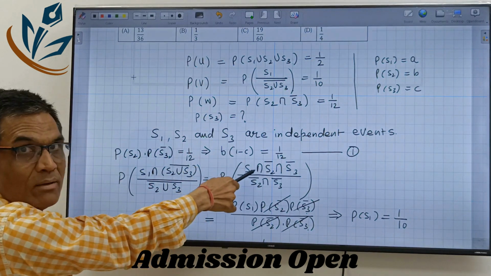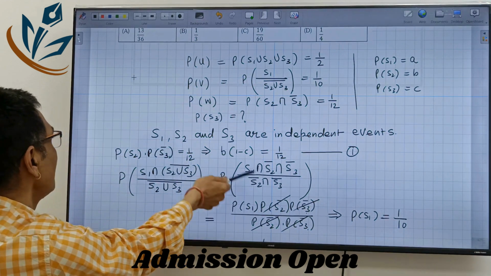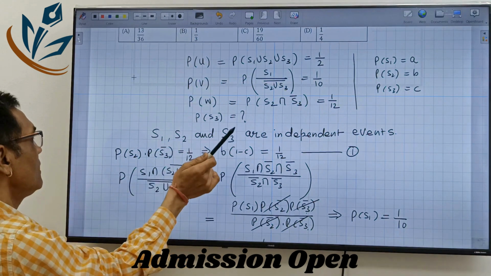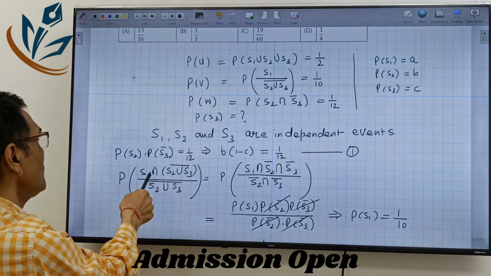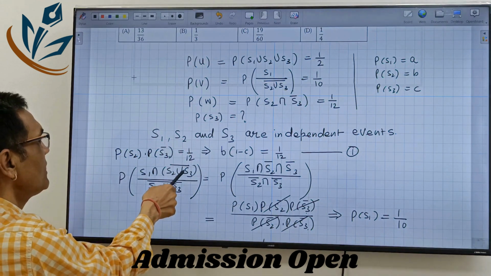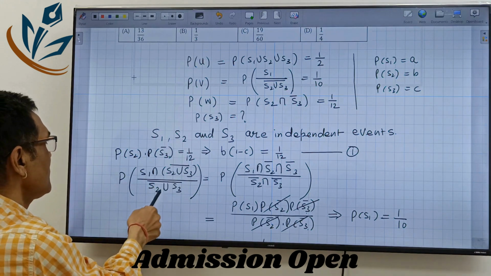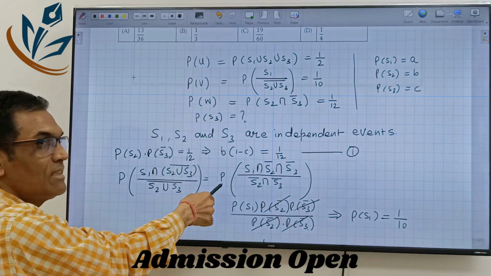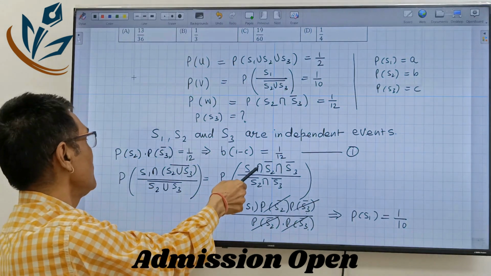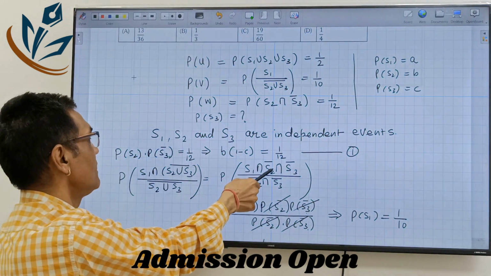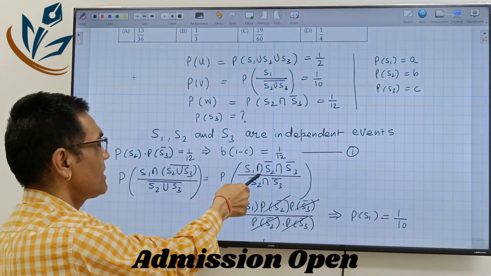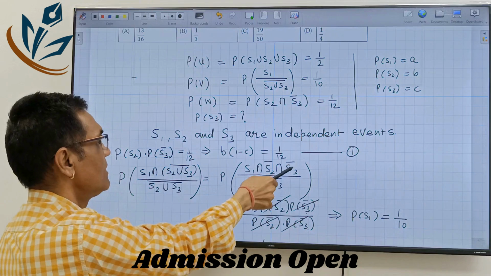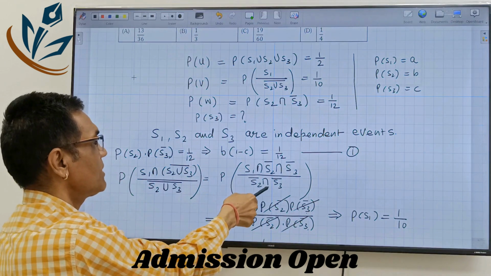which means B into 1 minus C is 1/12. Next, the conditional event P of S1 given S2 union S3 bar can be written as P of S1 intersection S2 bar intersection S3 bar divided by S2 bar intersection S3 bar.